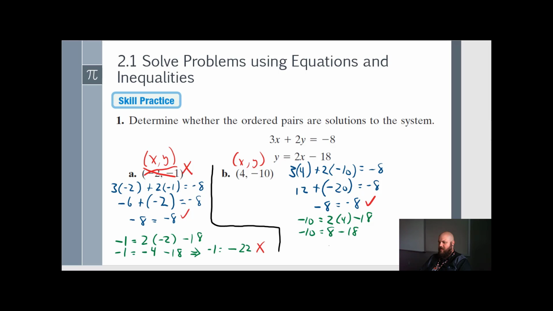So we know we're going to have a negative value overall for that, right? We're going to write down this negative 10 over here on this side, so that's not going anywhere. So we have a positive 8 minus 18. So we're $18 in the hole, we get $8, but we're still $10 in the hole, so we're still negative 10. So therefore, this one works out. So for this data point, it is good for both equations.